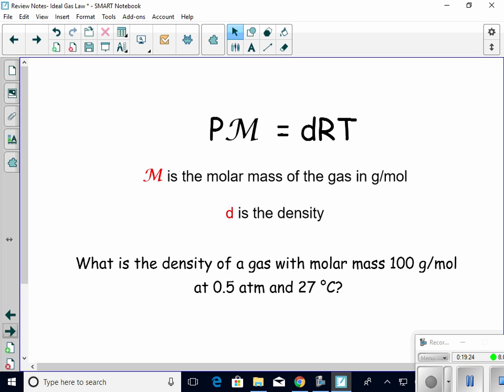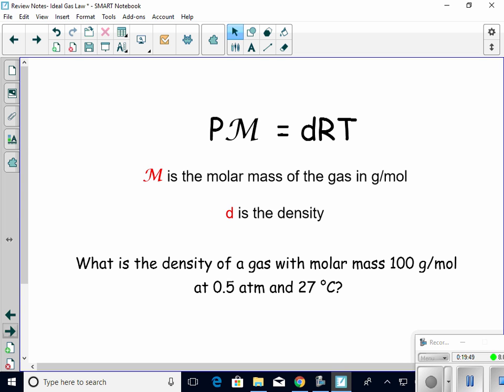This states, what is the density of a gas with a molar mass of 100 grams per mole at 0.5 atmospheres and 27 degrees Celsius.